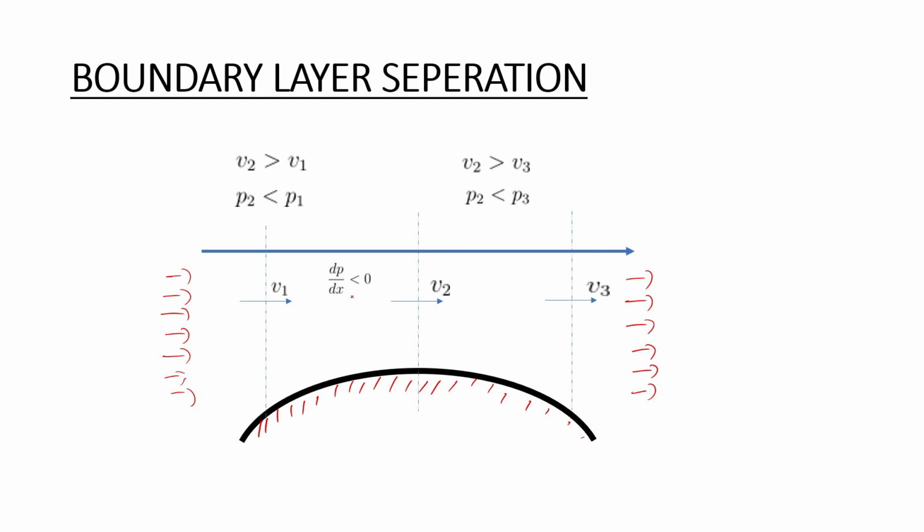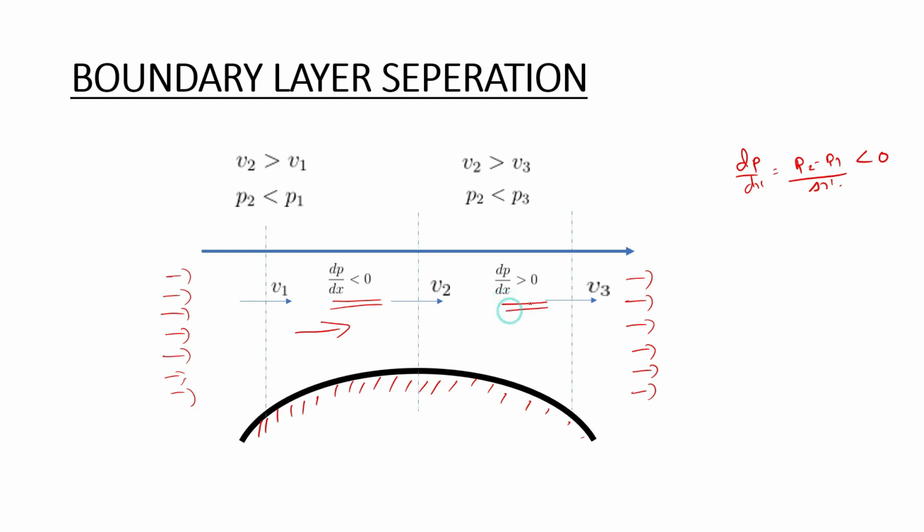Now let us look at the pressure gradient. So here dP/dx is less than 0. As you go in this direction, you can see that the pressure gradient, or the rate of change of pressure with respect to x, is less than 0, because pressure reduces. So dP/dx is equal to (P2 minus P1) by delta x. Since P2 is less than P1, dP/dx will be negative.